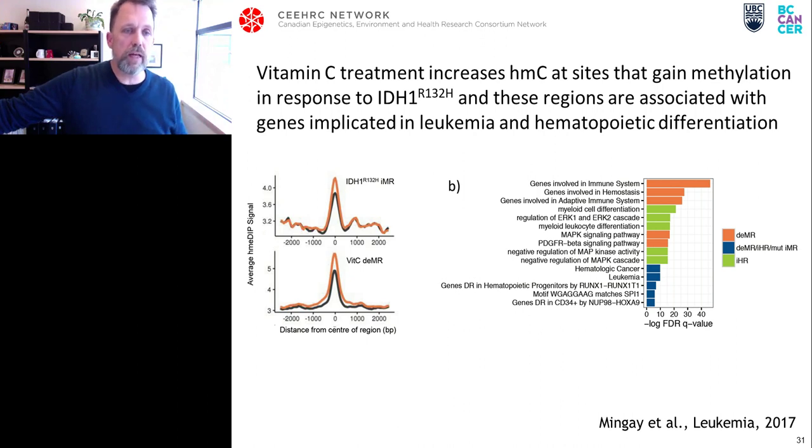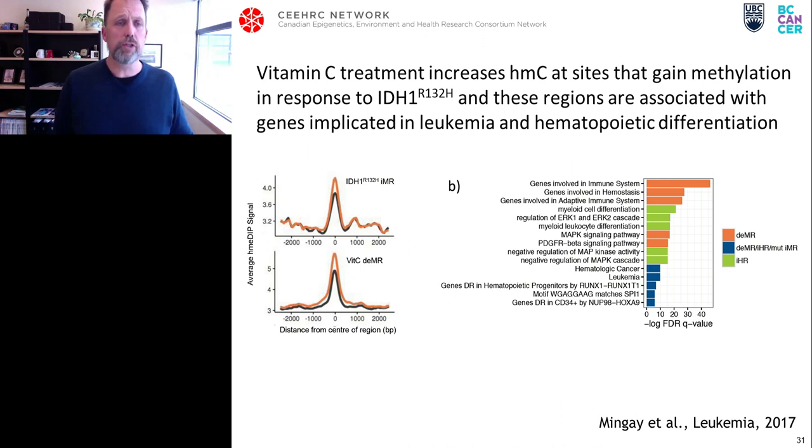So on the left-hand panel here, these are the regions that gained methylation. We have our control with a wild type IDH, and then we have our IDH R132H, which results in a gain of methylation. And when we look at those particular regions, we can see that by adding vitamin C, we see this gain of hydroxymethylation specifically at those regions that gained methylation as a consequence of transformation with IDH R132H.